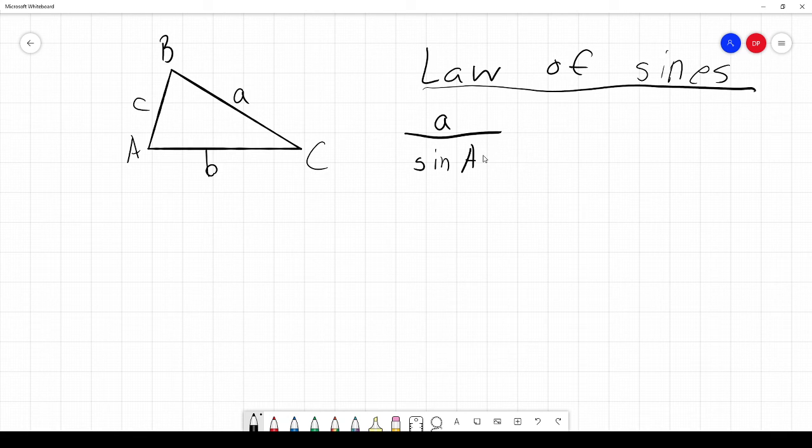Again, this is not a right triangle, but the ratio of the length of side a over the sine of angle A is going to be equal for all three such ratios. That ratio is equal to the length of side b over the sine of angle B, and that's also equal to the length of side c over the sine of angle C.